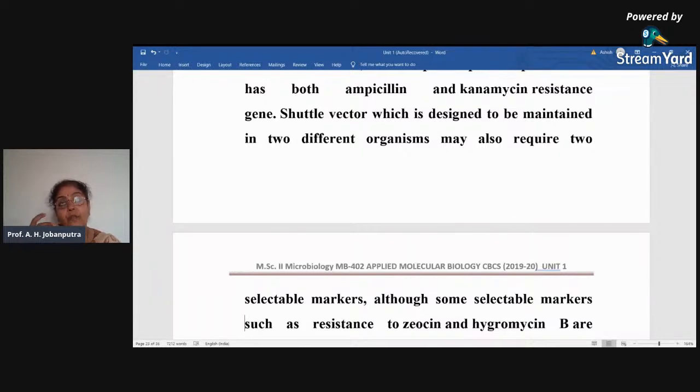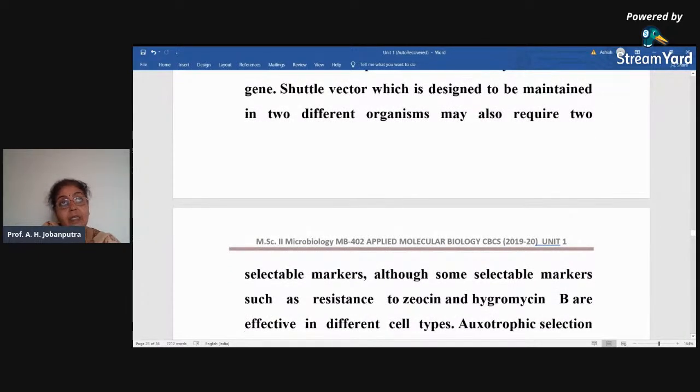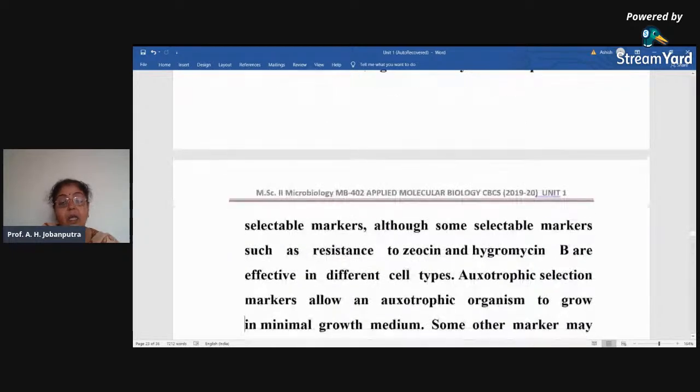For the purpose of cloning, we use one organism, and for the purpose of expression of that gene of interest, we use the other organism. So many vectors are selected on the basis that they have two selectable markers or two antibiotic resistance genes. Many of these have resistance to zeocin, hygromycin B, or penicillin, tetracycline, etc.